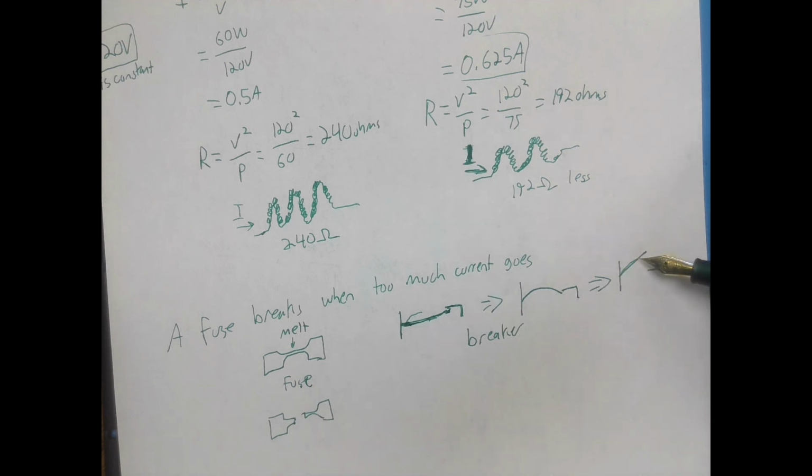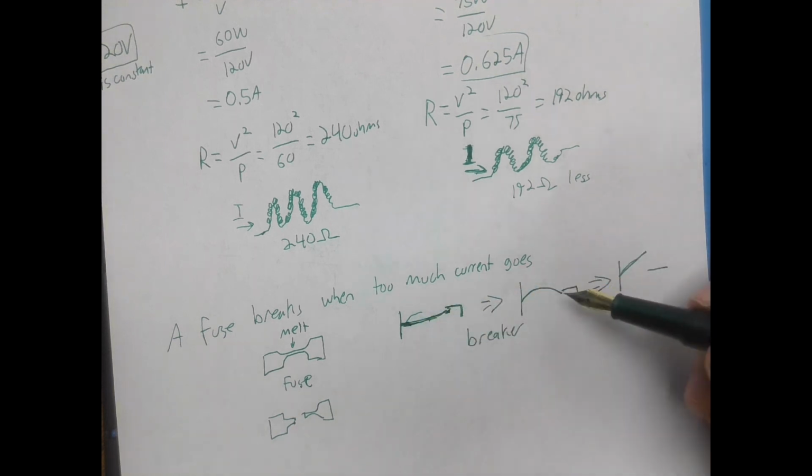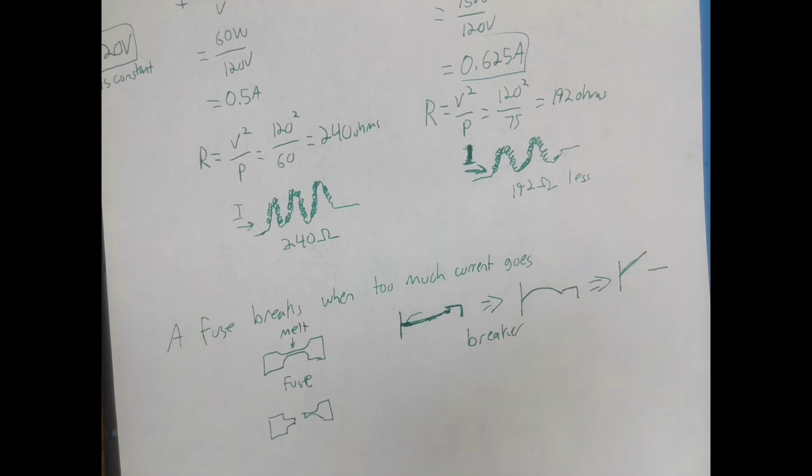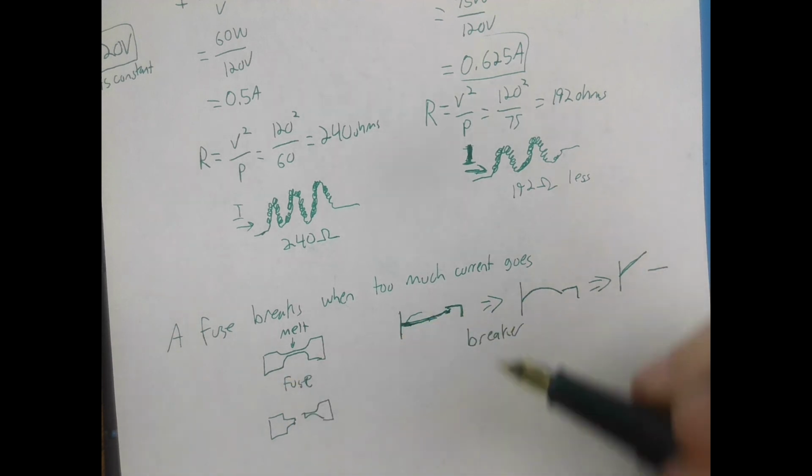With a breaker, all you have to do is push this clip back down under here, and current can then go through it. This is metal, that's metal, so current can go through the two metals. As you heat up metal, it becomes softer and more flexible. There's a certain current at which a fuse will break or a breaker will trip.